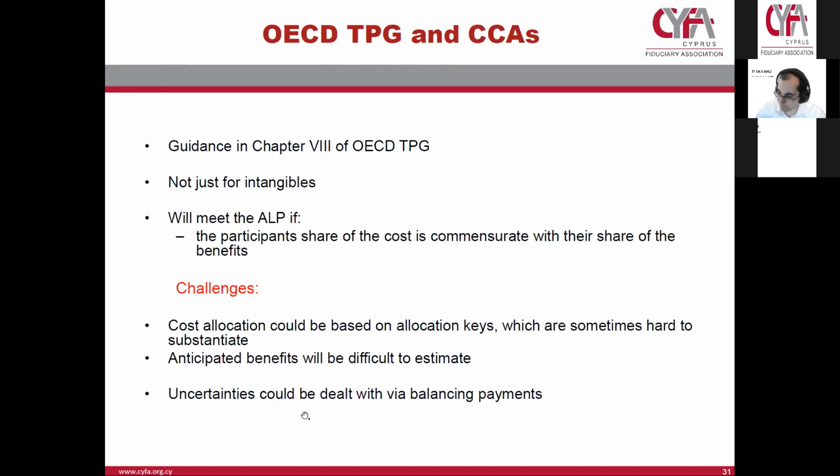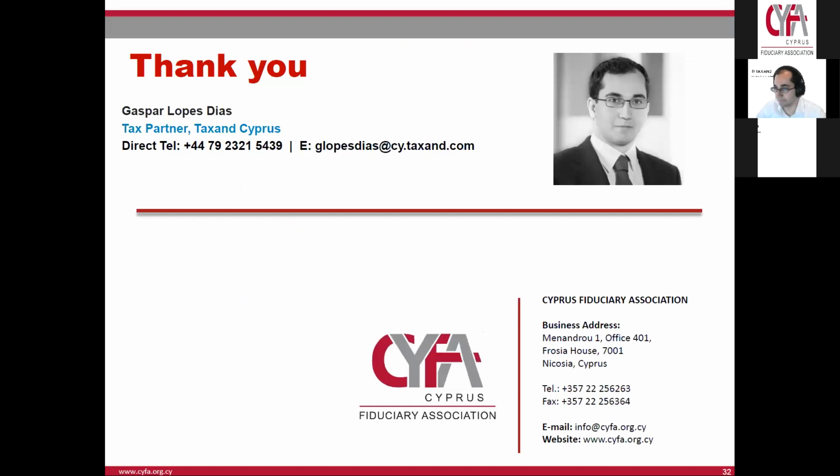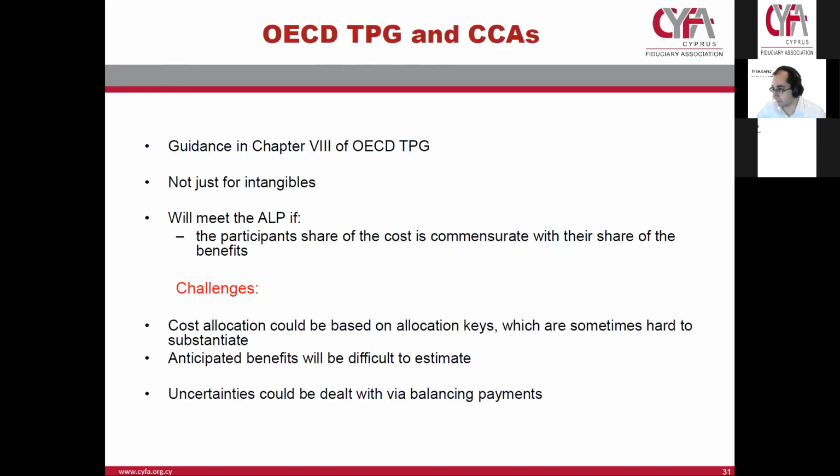And these uncertainties could be dealt with, that's what the OECD suggests, with balancing payments taking place throughout the life of the CCA, or at the end of the life of the CCA. And so basically this takes me to the end of the presentation.